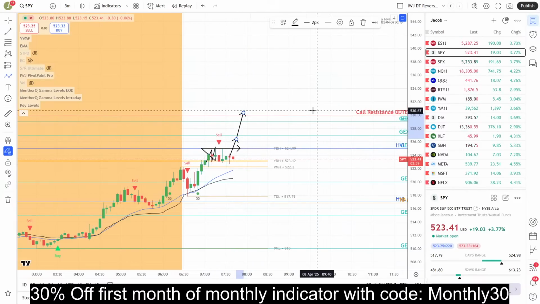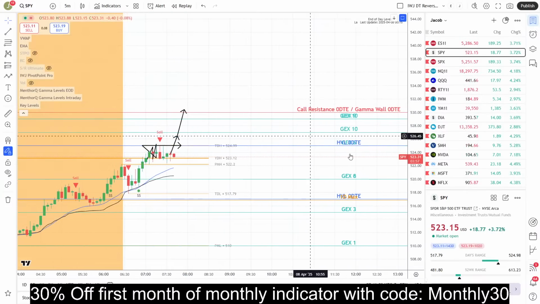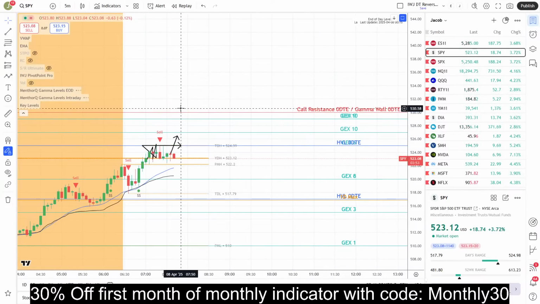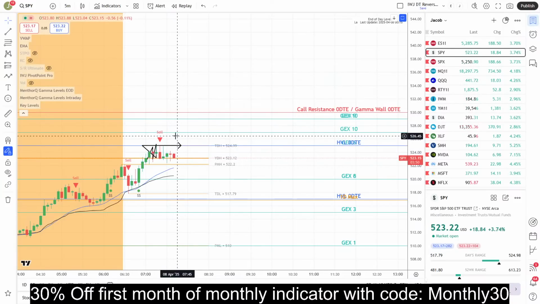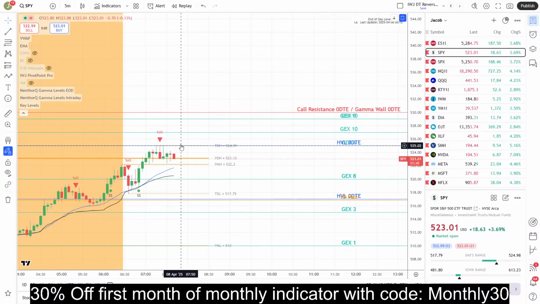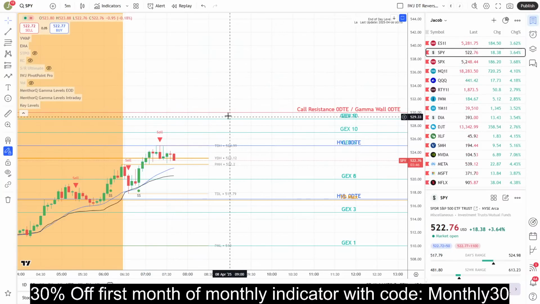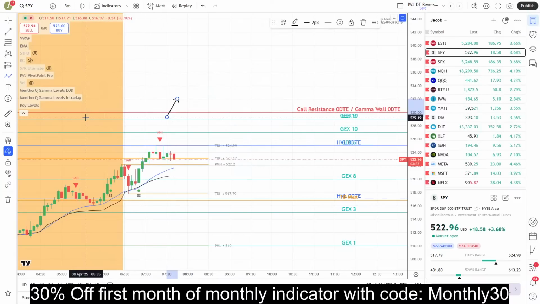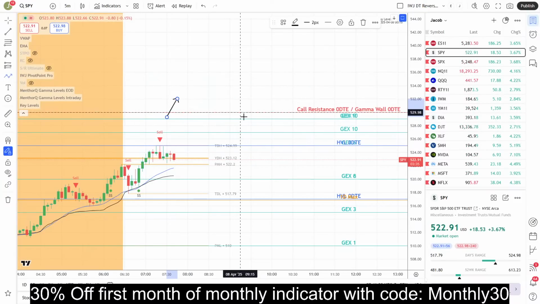So that's why these call resistance and put resistance levels are so important, and these high volume trading levels are so important, is that the gamma on those is where the market makers know that this is the biggest level. This is the biggest level of calls here. And the market makers know that if they get above this, they have to hedge, because when you buy an option, the market makers are selling you that option, right?